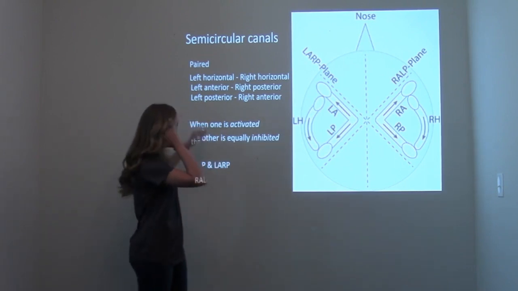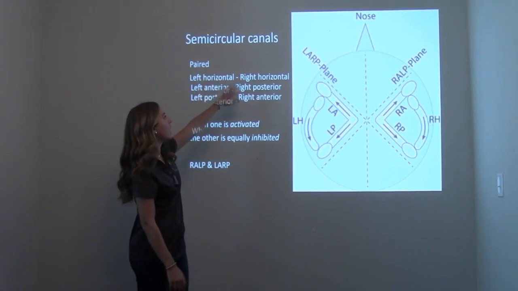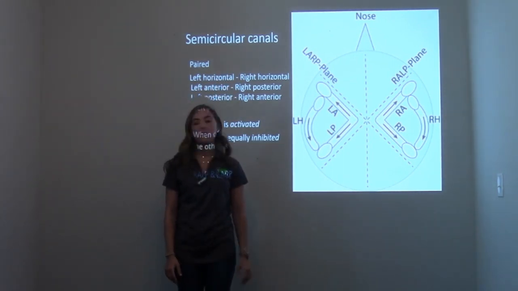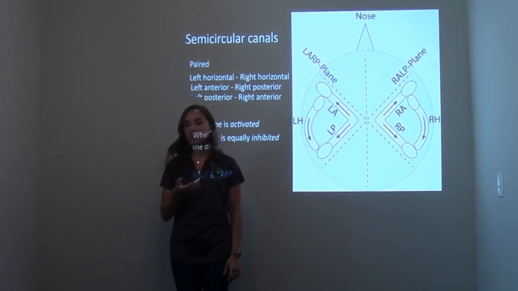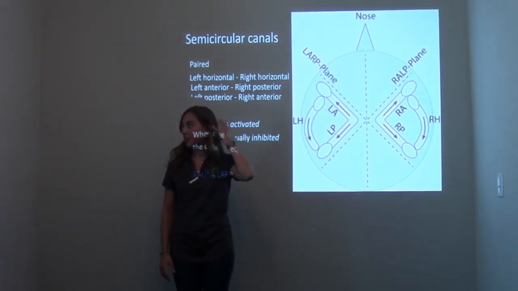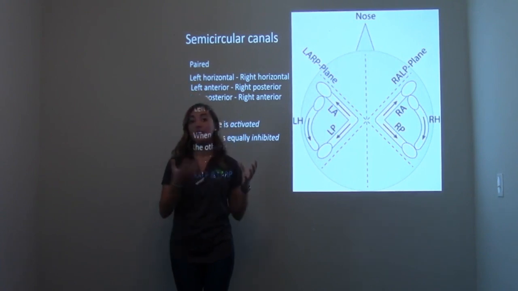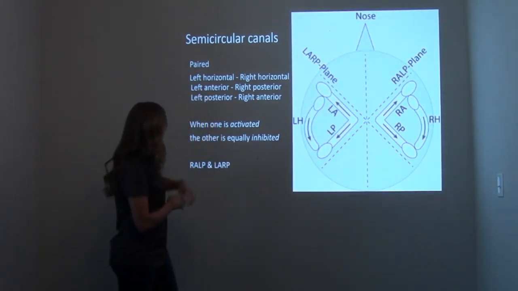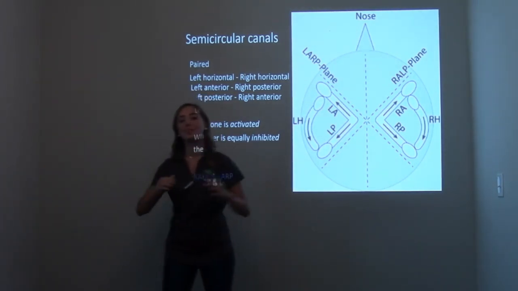So the pairings are the left and right horizontal. When you're activating one, so if I'm activating my right horizontal canal, right now I'm inhibiting my left horizontal canal to let my brain know that I'm using my right horizontal. And then our other pairs, you can think of them as diagonals.